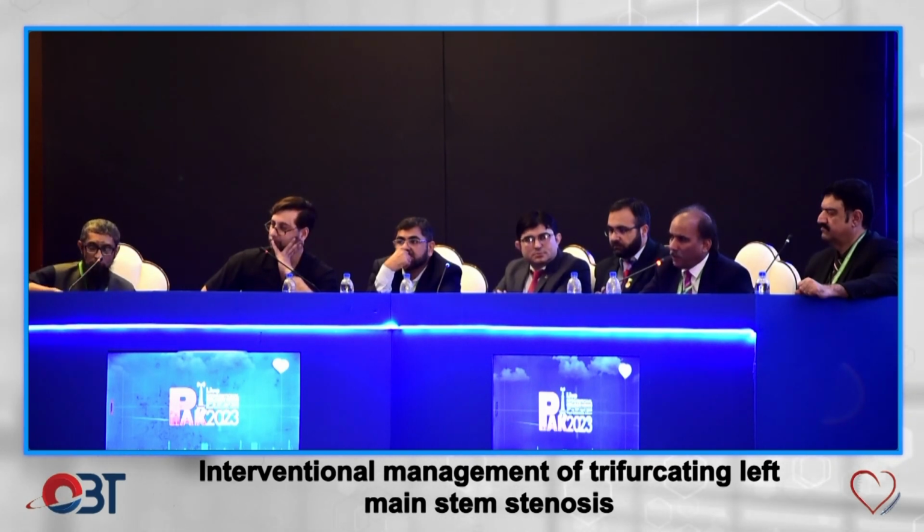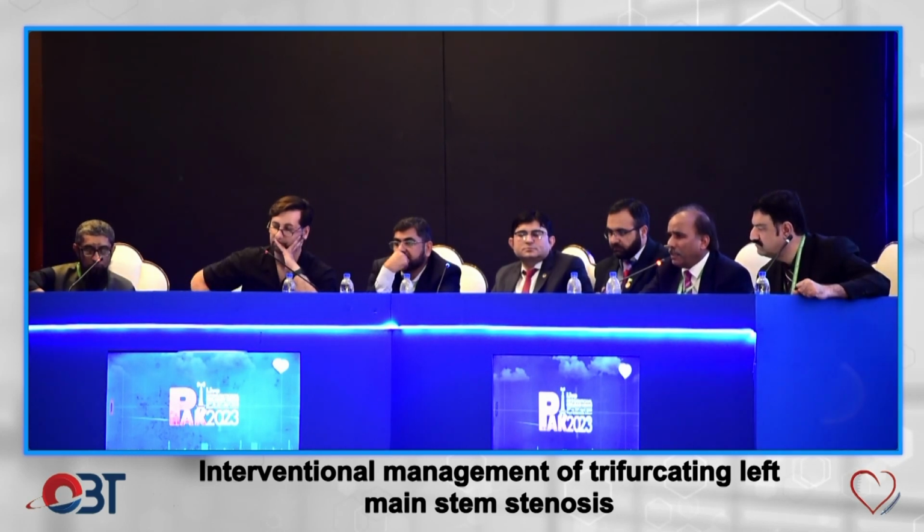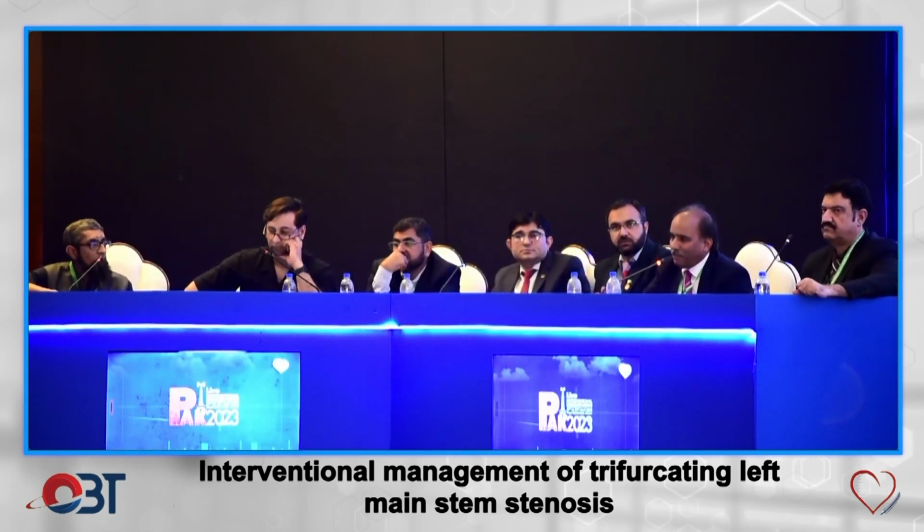I think we should consider all main branches important, and I would go for the diagonal branch as well, with ostial stenting. We should consider that as well. But definitely the person who is doing it is in the hot seat, so they can decide it better. But we must respect the circumflex in this particular case.